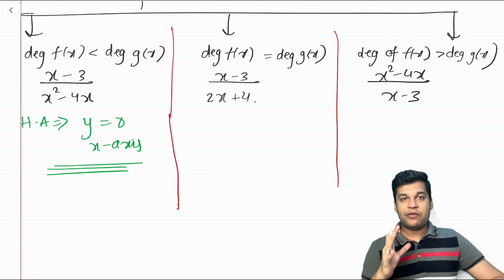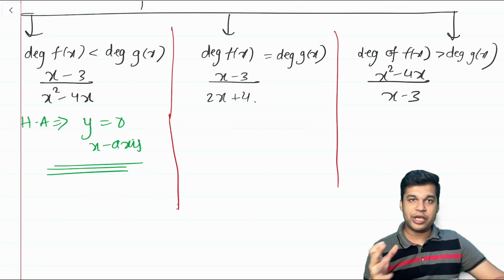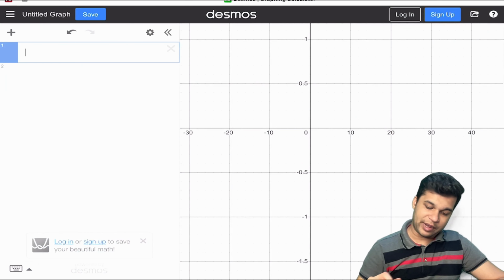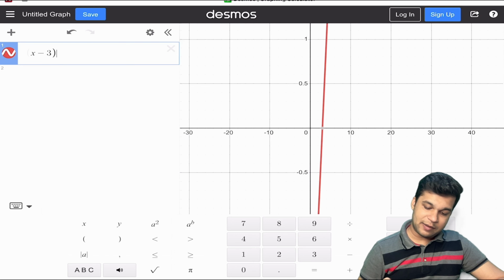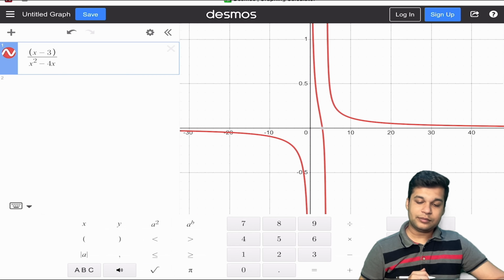If the degree of numerator is lesser than the degree of denominator, your horizontal asymptote will be the x-axis. If you want to check, you can check. The example is (x minus 3) divided by (x square minus 4x).